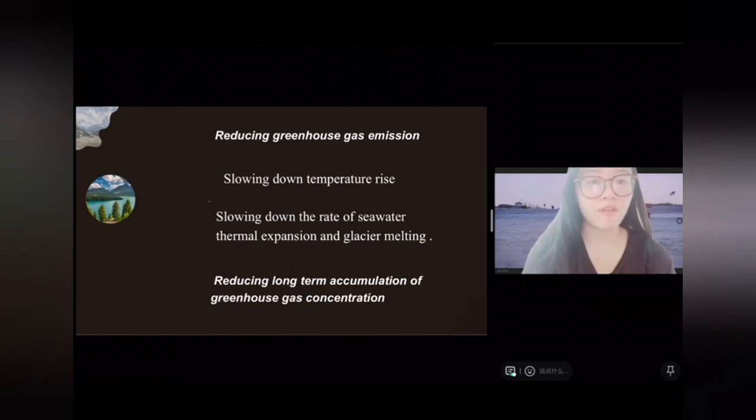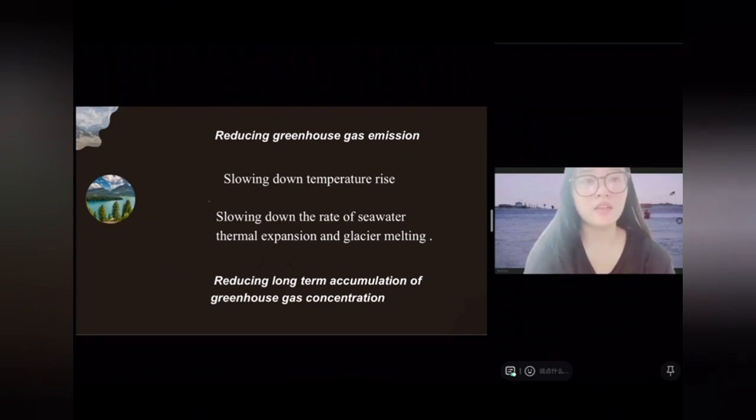Greenhouse gas has a long residence time in the atmosphere, and current emission reduction measures have an impact on the climate for decades or even centuries to come. Earlier emission reduction can reduce the long-term accumulation of greenhouse gas concentrations and avoid more severe climate change.